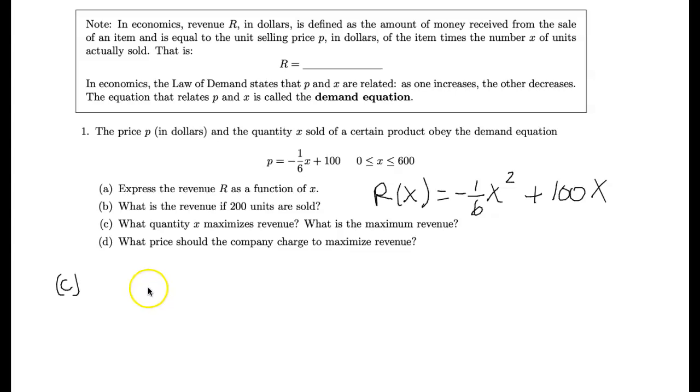What is the maximum revenue? Visually, we're thinking of the parabola doing something like this. This is just a rough sketch, but what we want to know is what X value causes this peak, and this peak is the maximum revenue.